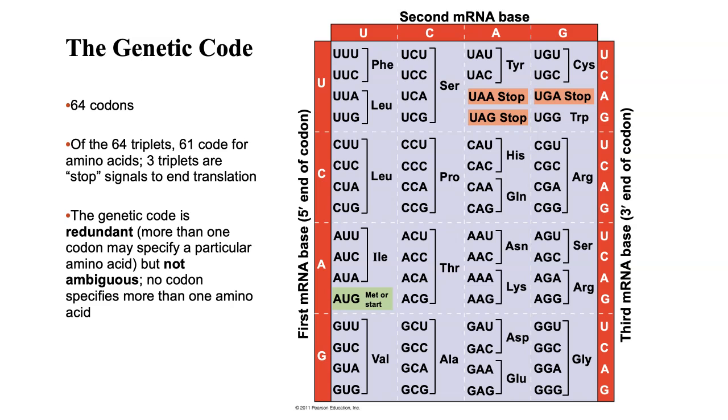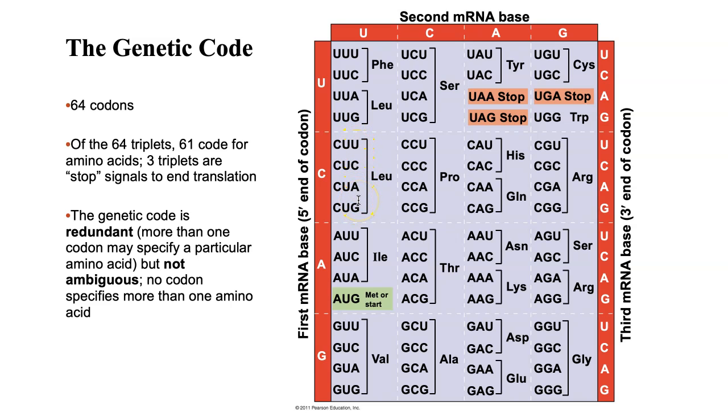You might think that this is bad and this could result in binding of the wrong amino acid there, but if you look back at the genetic code, you'll notice that very often, let's just look at leucine here, the first 2 base pairs are the same, CU, CU. The 3rd one is different.